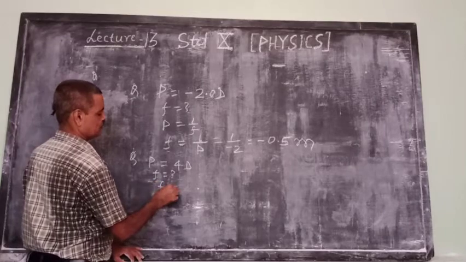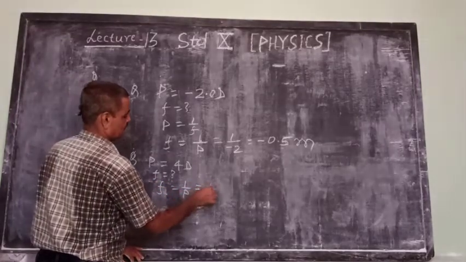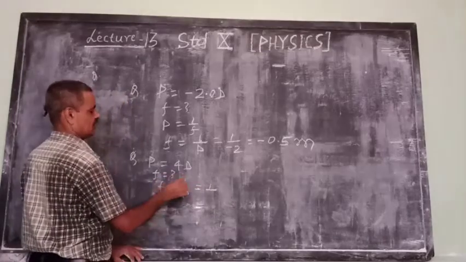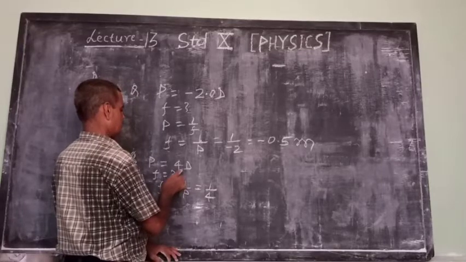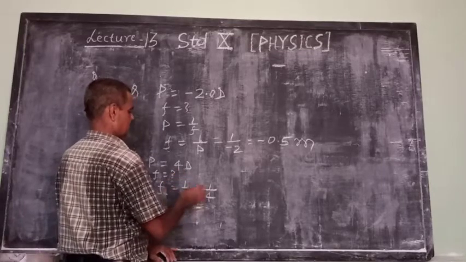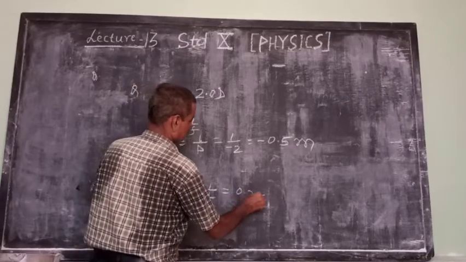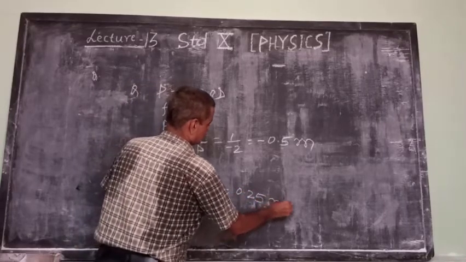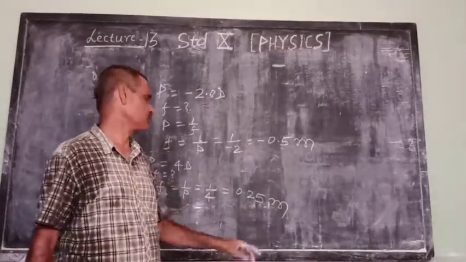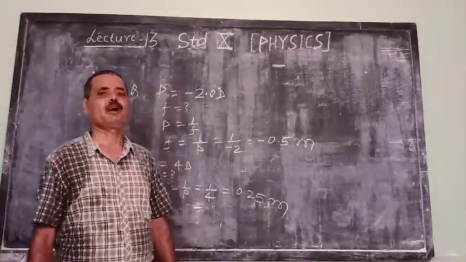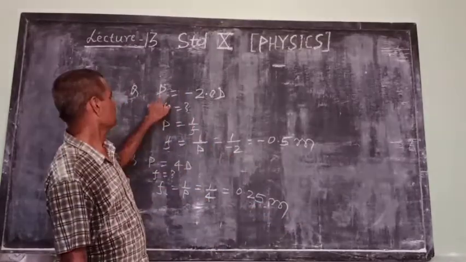Since F is equal to 1 by P, that is 4. 1 by 4, power was in diopter, 1 by 4 means 0.25 meter. Hence, the focal length of the given lens will be 0.25 meter. We can solve so many problems.